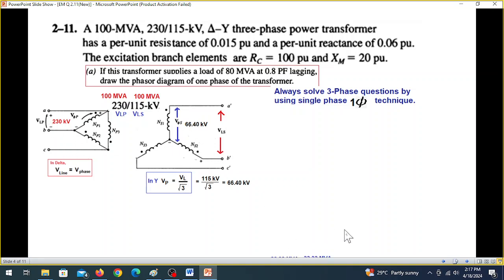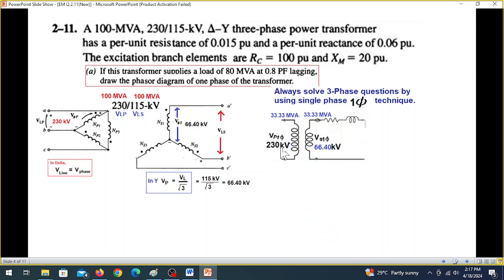And now the single phase circuit could look like this. We have the single transformer. The primary side is 230 kV, the secondary side is 66.4 kV, and since we are considering only one transformer, and the three phase actually consists of three transformers, the power will be divided.